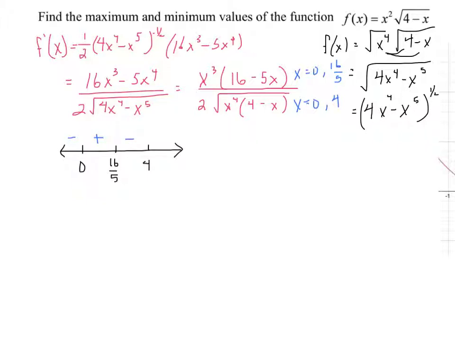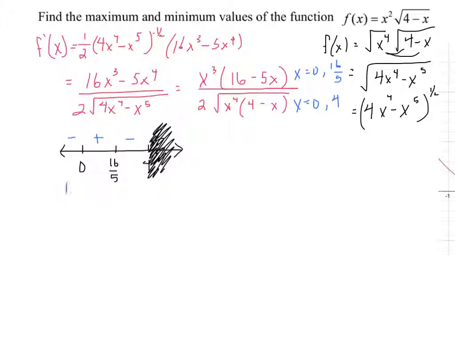And finally, when I get to 4, I plug in a number bigger than 4. The top is negative, but the bottom doesn't even exist. So what I do is I kind of just black this off, and I say, well, it doesn't even exist over here. Okay? So here, the derivative changed from negative to positive, meaning the function changed from decreasing to increasing.